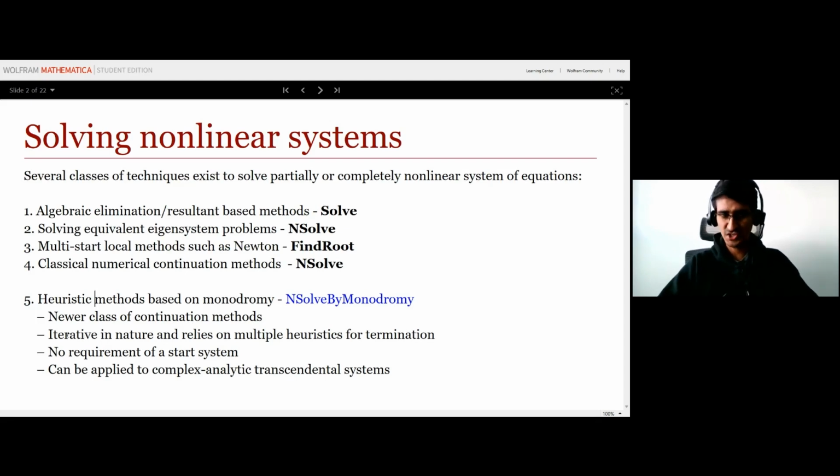It is iterative in nature. That's one of the distinguishing natures of these heuristic methods from other continuation methods. And we do not require construction of sophisticated start systems, which is generally how classical numerical continuation methods work. And these can be applied to all sorts of systems that are complex analytic, not just restricted to polynomial systems.